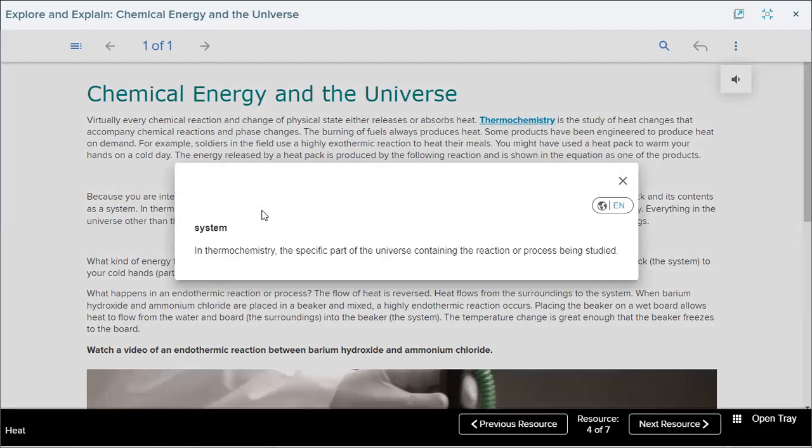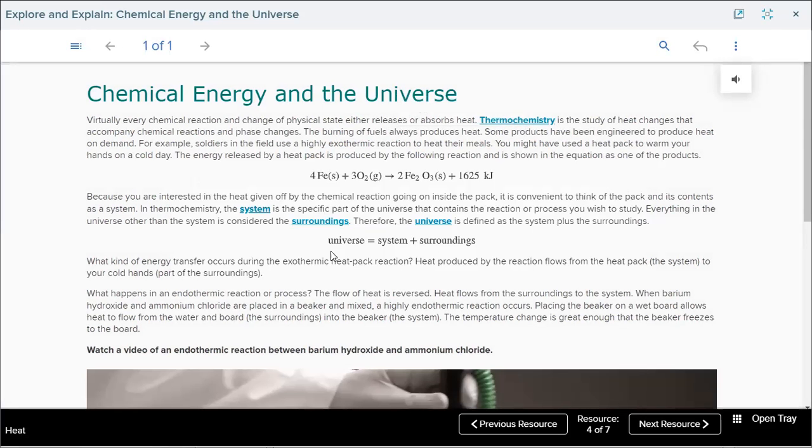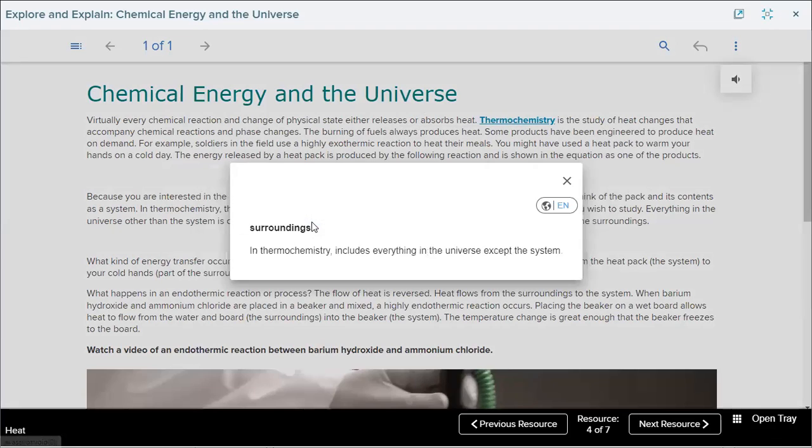And this is the system. What's meant by system? In thermochemistry, the specific part of the universe containing the reaction or process being studied. Yes, the reaction or process being studied. What's meant by surrounding?